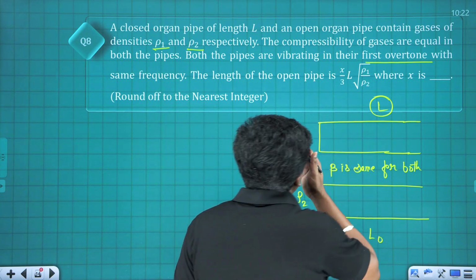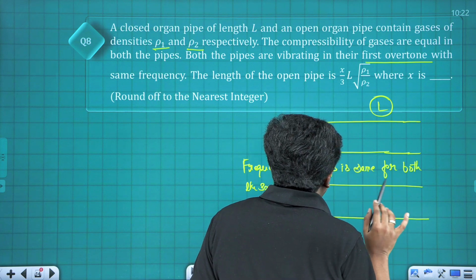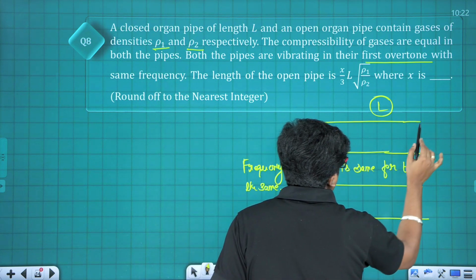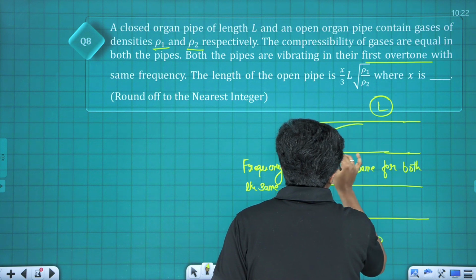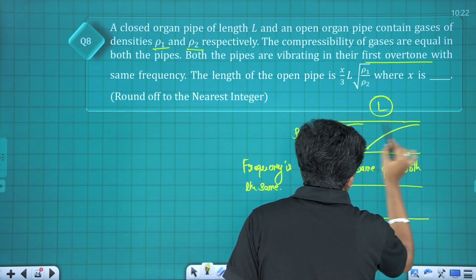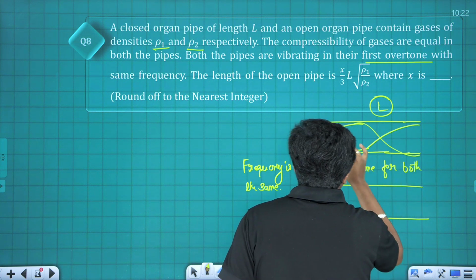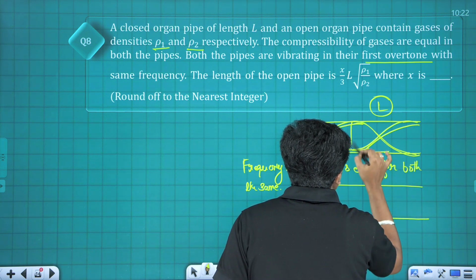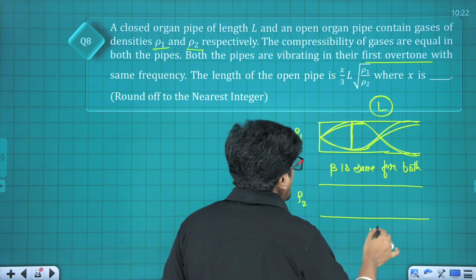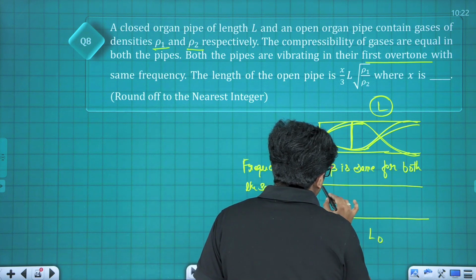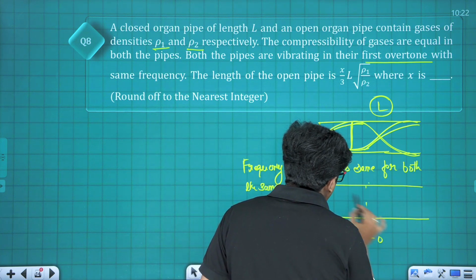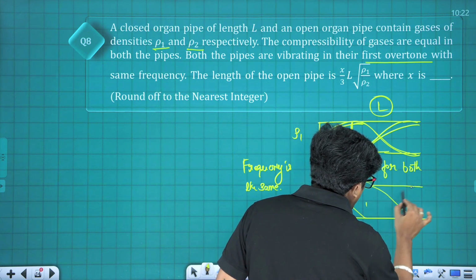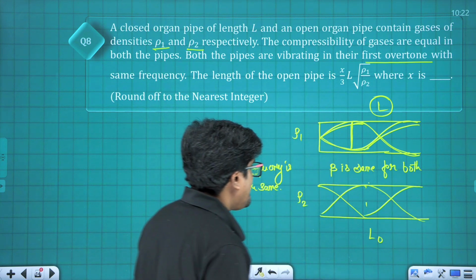Okay, now for both the pipes it's first overtone. For the closed pipe, if I want to mark the first overtone, then I need to mark it like this. This is going to be the first overtone for the closed pipe. Now for the open pipe, I must have it something like this. This is going to be the first overtone.